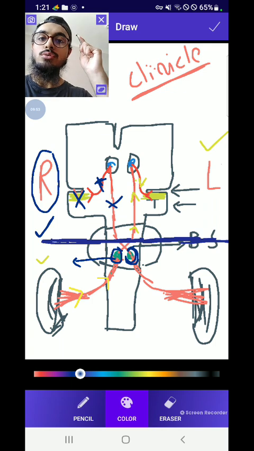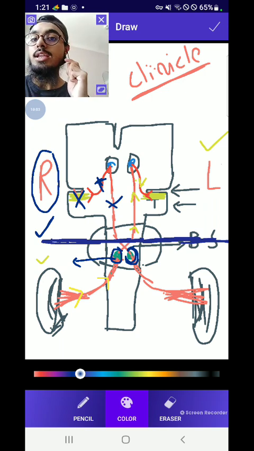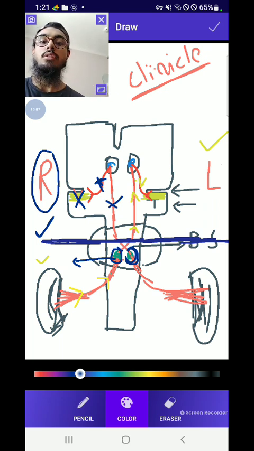If there is damage to the right side, the left side loses hearing frequency, pitch and localization. And when there is damage to the left side of the primary auditory cortex, the opposite, right side loses hearing, pitch and localization. So this is the clinical importance of the primary auditory cortex, whose function is conscious awareness of the voice.